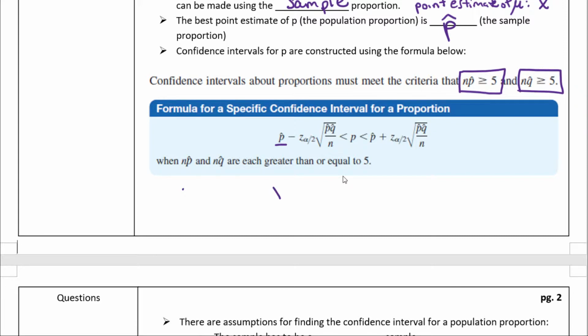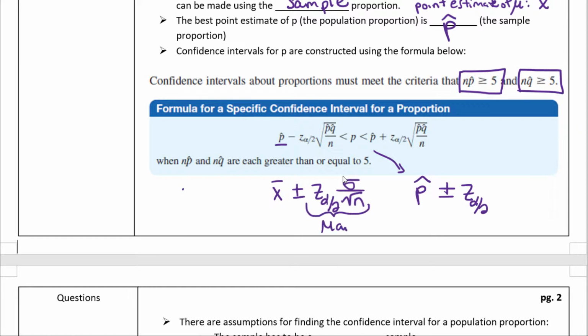Remember that in the other formula you had x bar plus or minus z alpha over 2 times sigma over square root of n. In this formula you have p hat instead of x bar plus or minus your z, and then remember that this term right here was called your margin of error.